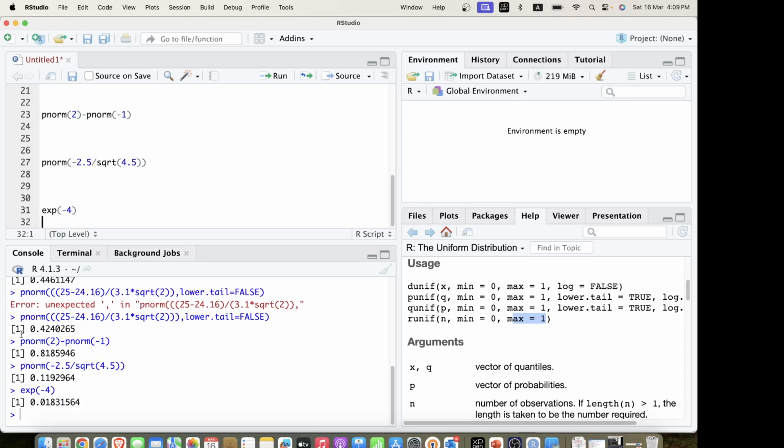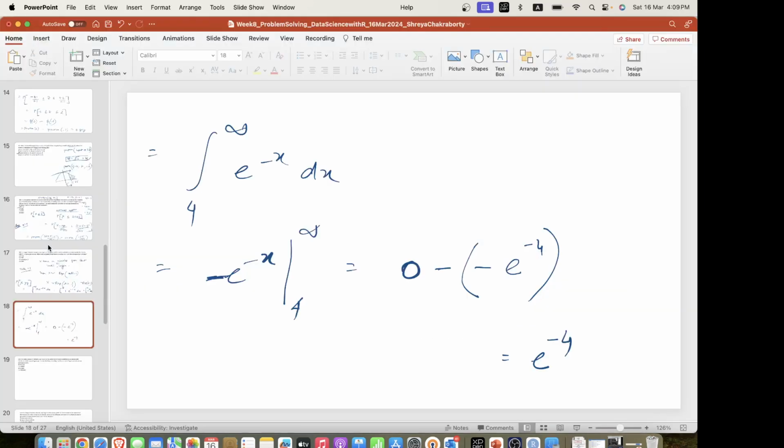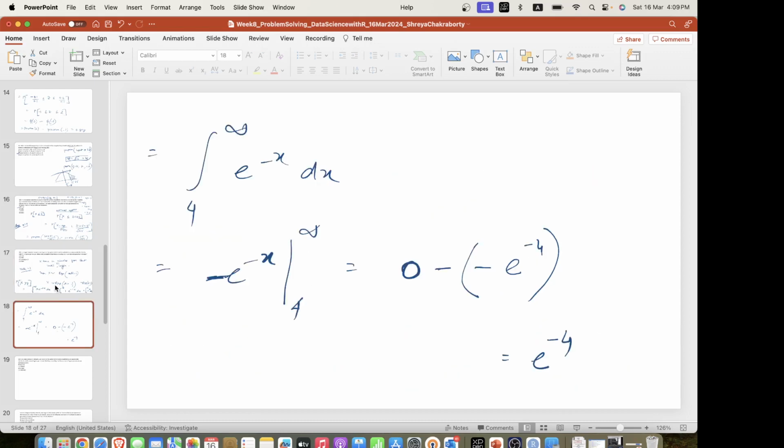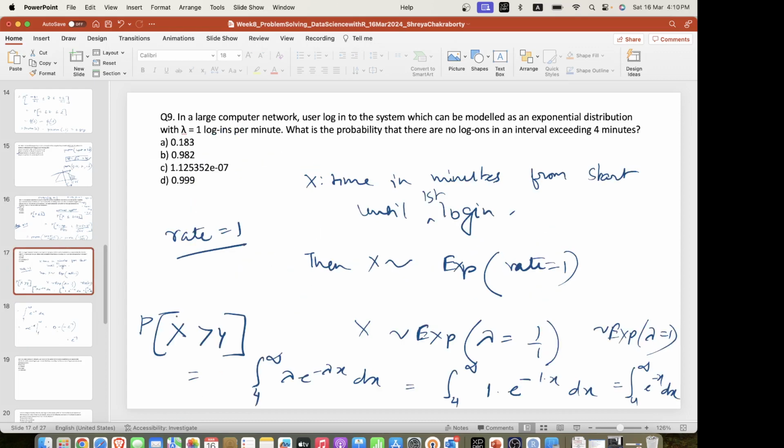This is also possible, 0.018. Or if we want to find it out using the distribution, if we want to skip this calculation, we want to find out probability X greater than 4. So in order to directly do that, what can we write?